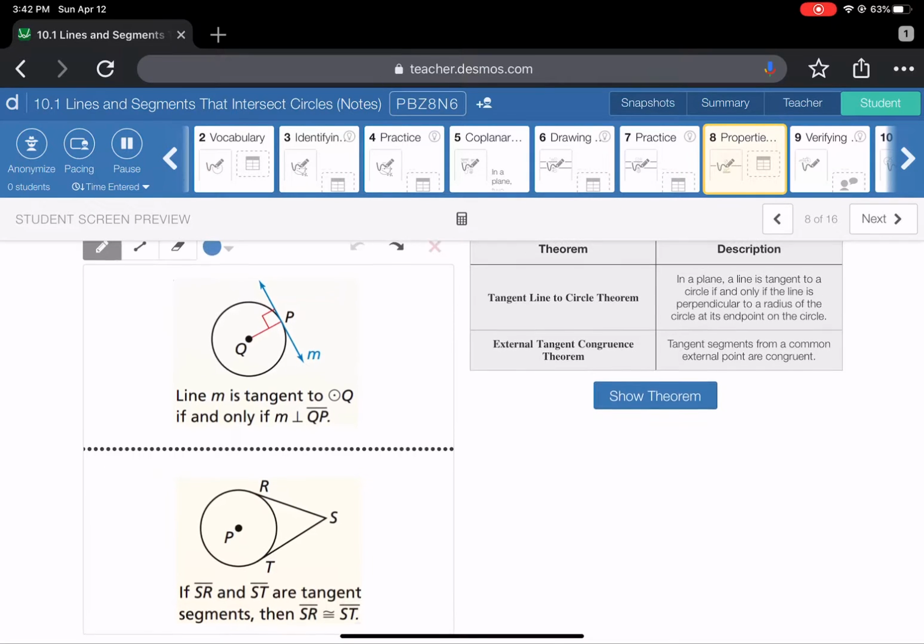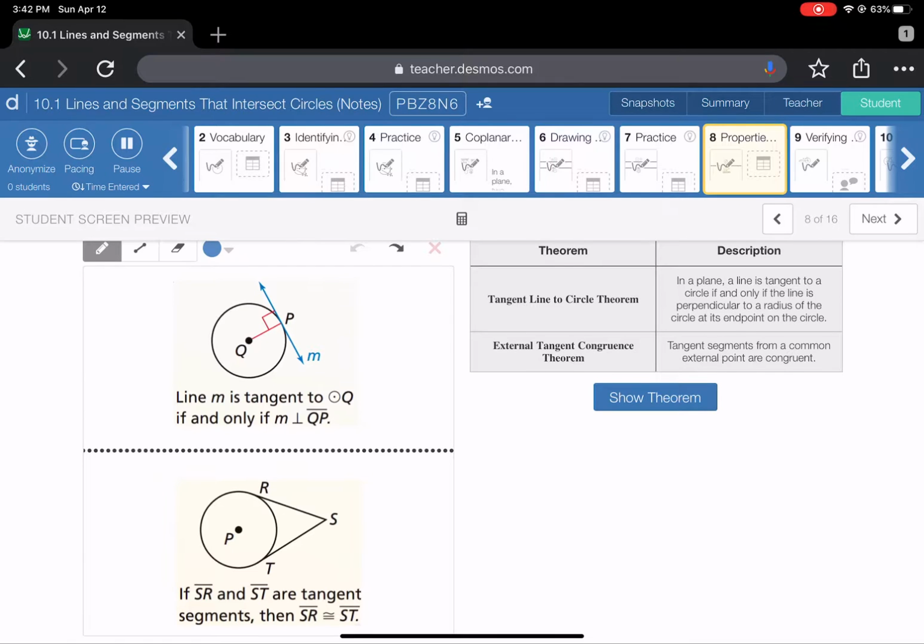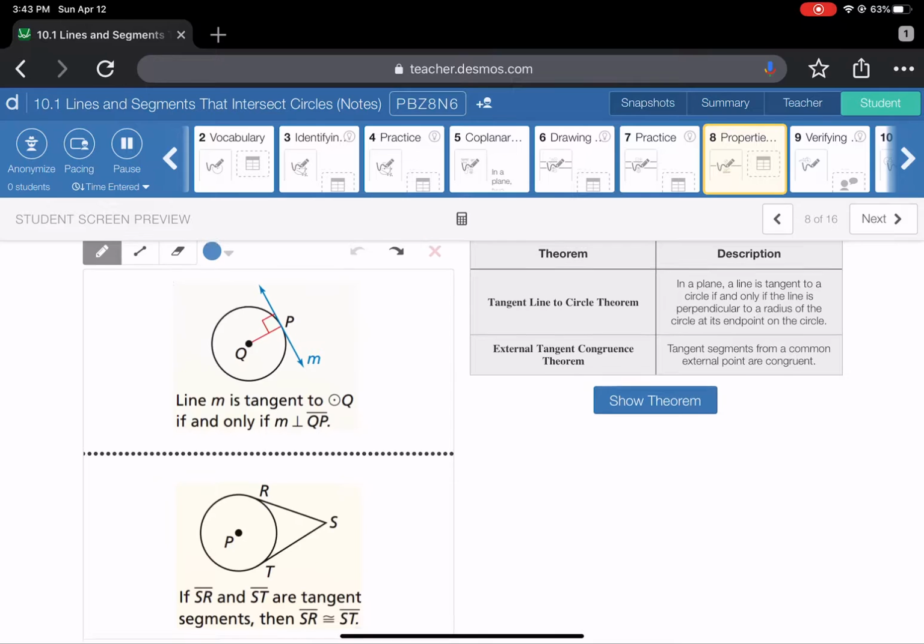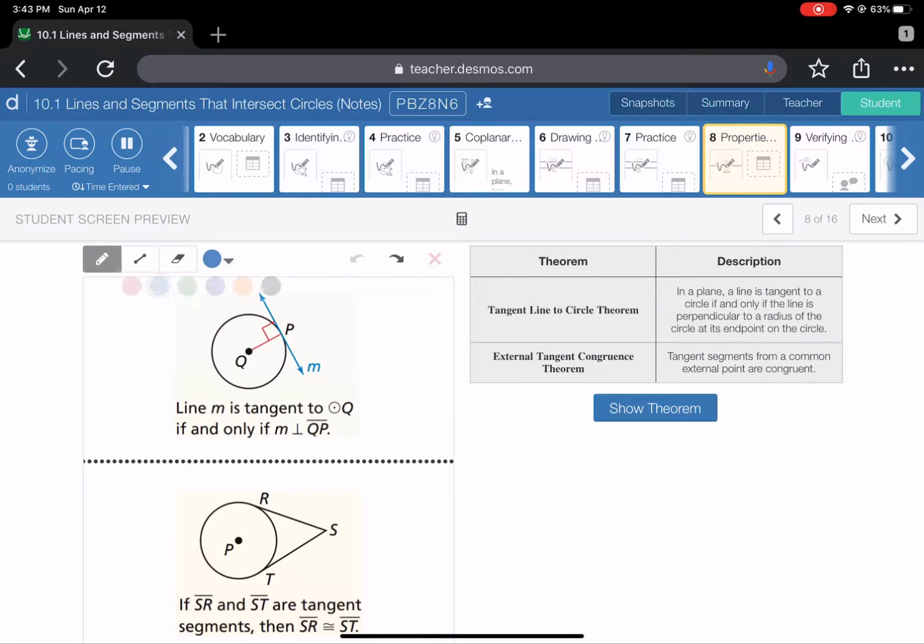And then at the bottom, we have the external tangent congruence theorem. So if I have two tangent segments from a common external point, the segments are congruent.